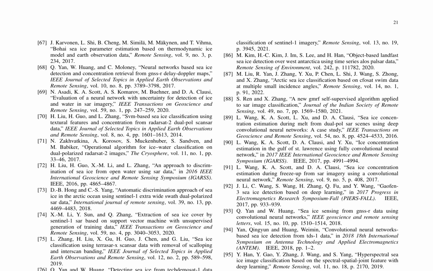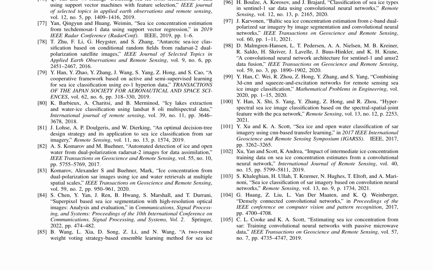These methods are applied to various regions, such as the Arctic, Antarctica, and the Baltic Sea, demonstrating their adaptability across different geographical locations. The research highlights the importance of accurately identifying and quantifying sea ice for environmental monitoring, climate change studies, and navigation safety. The use of deep learning models, particularly convolutional neural networks, has shown promising results in improving the accuracy of sea ice classification and concentration estimation.